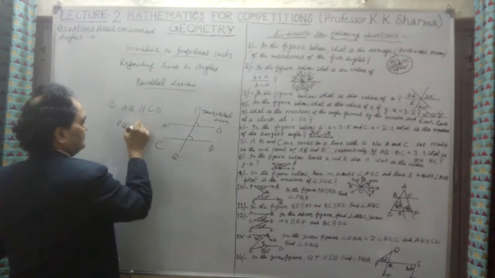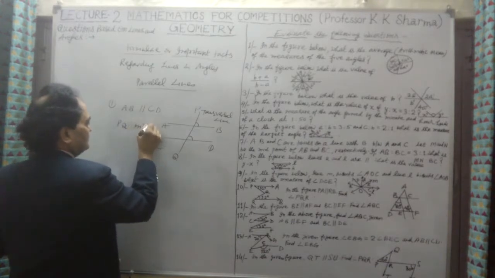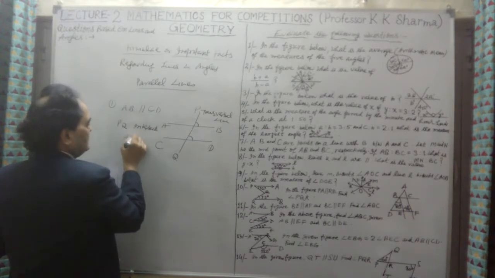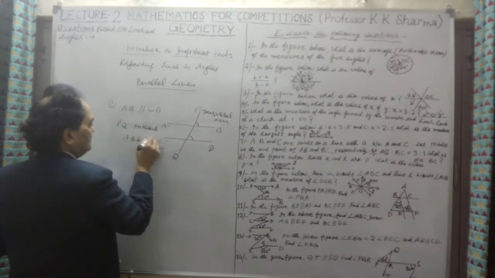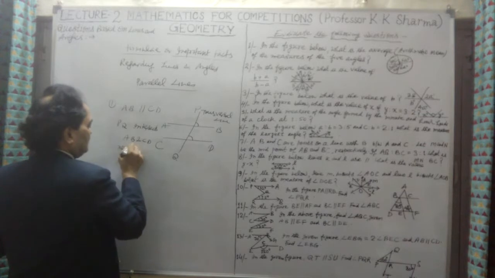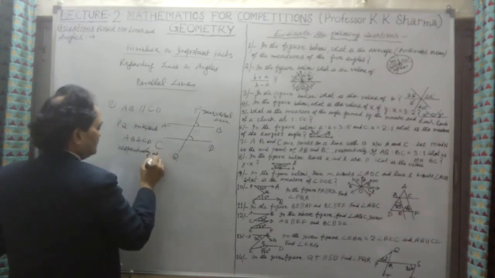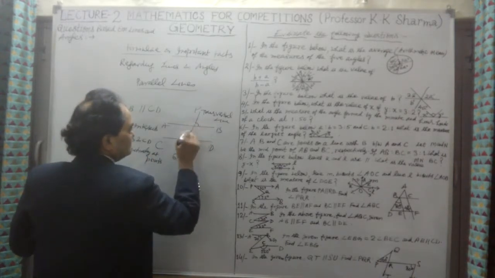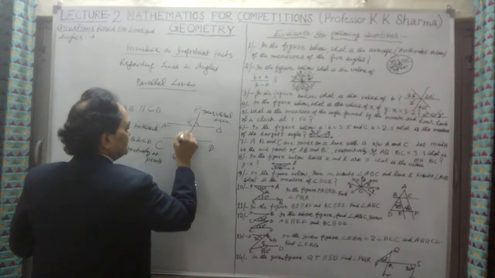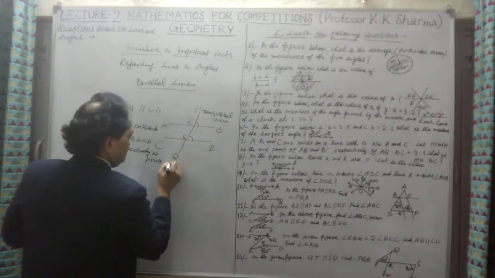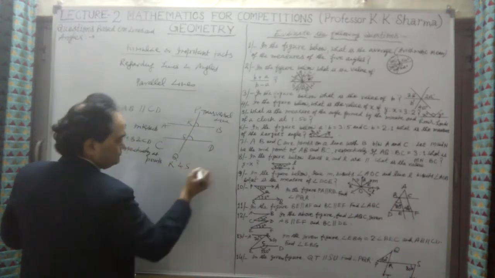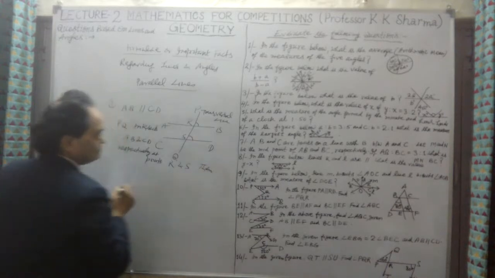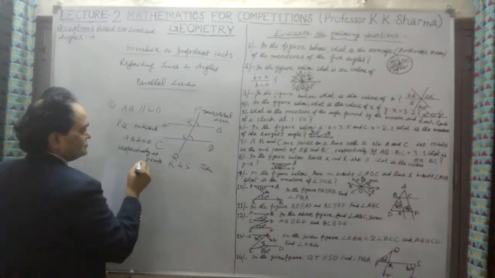PQ intersects AB and CD respectively at points. At points, let me take PQ, this is R and this is S. At points R and S, then what are the angles?